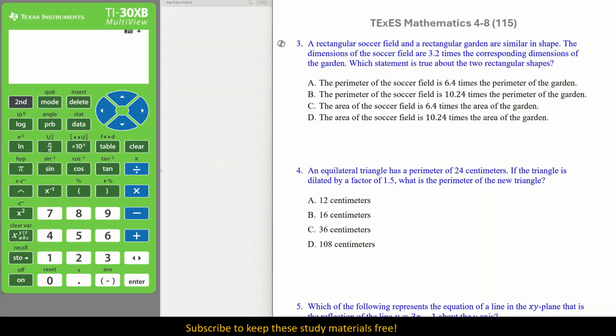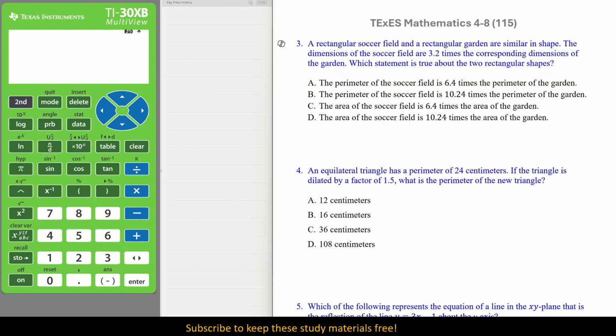Number 3, a rectangular soccer field and a rectangular garden are similar in shape. The dimensions of the soccer field are 3.2 times the corresponding dimensions of the garden. Which statement is true about the two rectangular shapes? Okay, here's the thing.